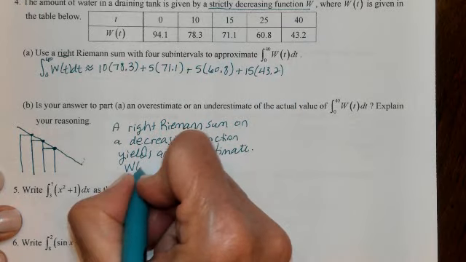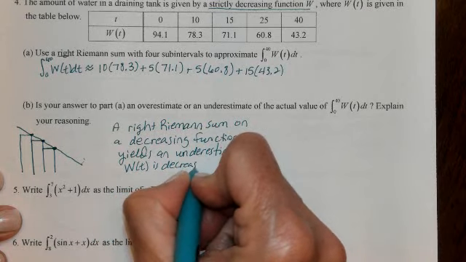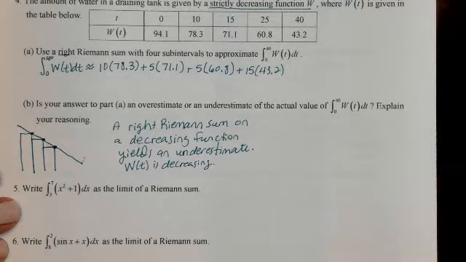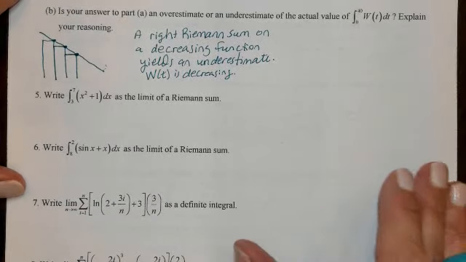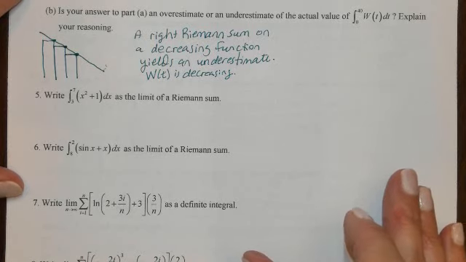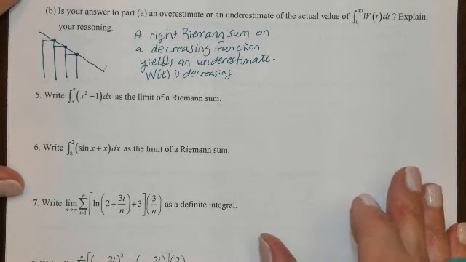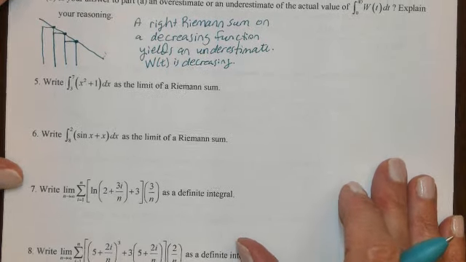And W of t is decreasing. That's it. That's all they need. Don't go on and on. Don't write an essay. Don't say, look at the picture. Don't say, as you can see by my picture. I get kids saying that. Please don't. It's not enough of a reason for AP, so it's not enough of a reason for me.